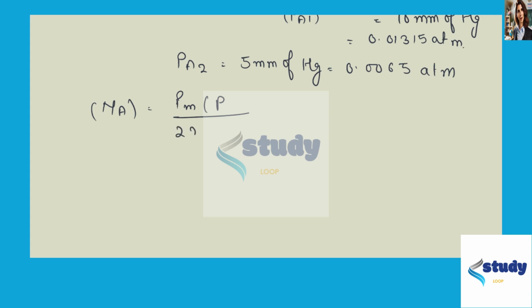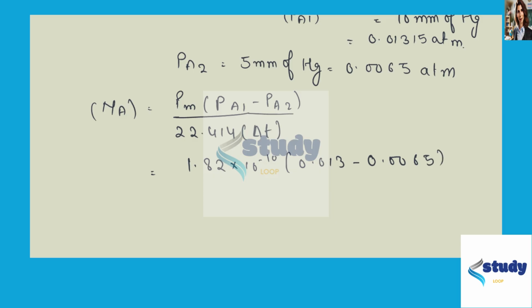So we can calculate the value of flux, that is Na is equal to Pm divided by 22.414, this is our constant, and the thickness, multiplied by Pa1 minus Pa2. So if we put these values, that is 1.82 into 10 to the power minus 10 multiplied by 0.013 minus 0.0065 divided by 22.414 multiplied by 0.1 into 10 to the power minus 3.